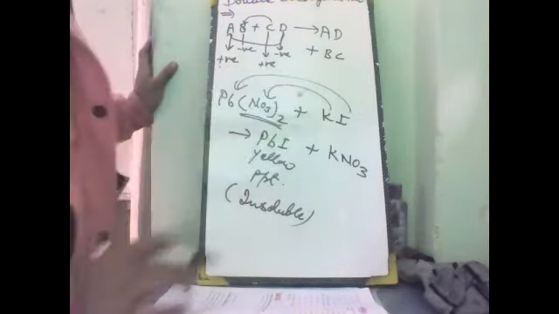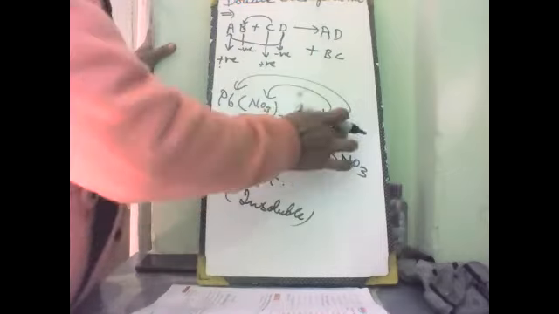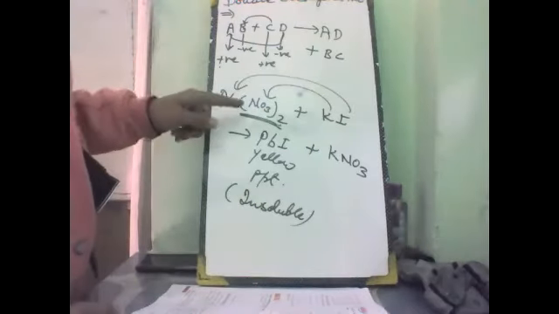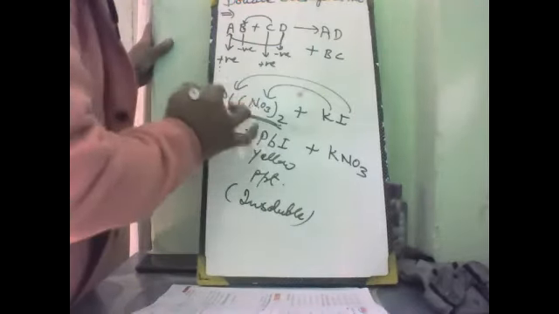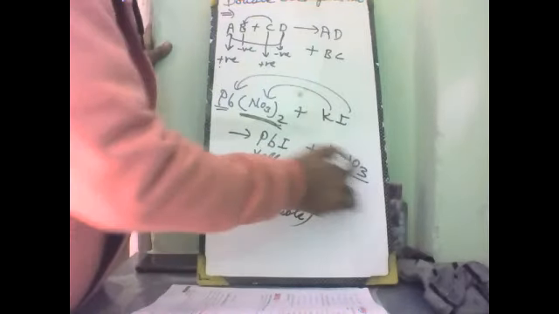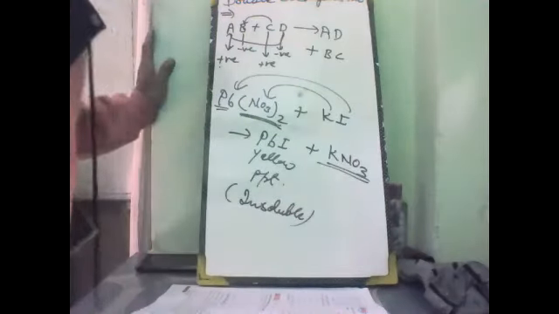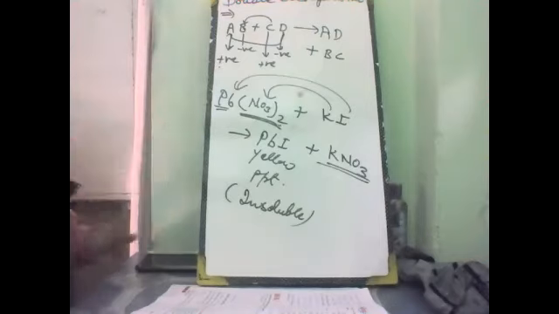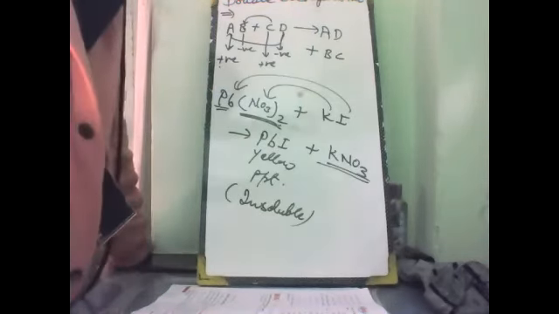The position of nitrate is taken by the iodide and the position of lead is taken by the potassium. So this is an example of a double displacement reaction.